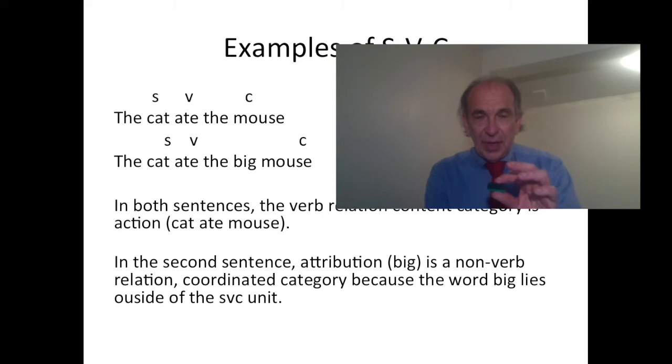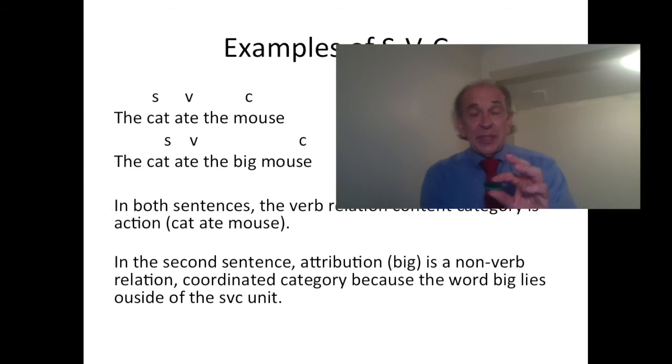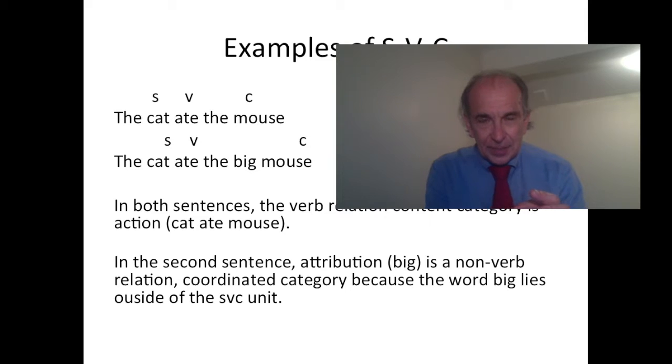So when we identify content categories, first we identify the SVC, the subject-verb complement relationship, and identify what the content category or semantic relation of that SVC unit is. In this case, again, it's action. The verb typically tips you off, or at least directs you to that content category identification. Eating, ate, past tense. Ate is an action. So this is an action content category.